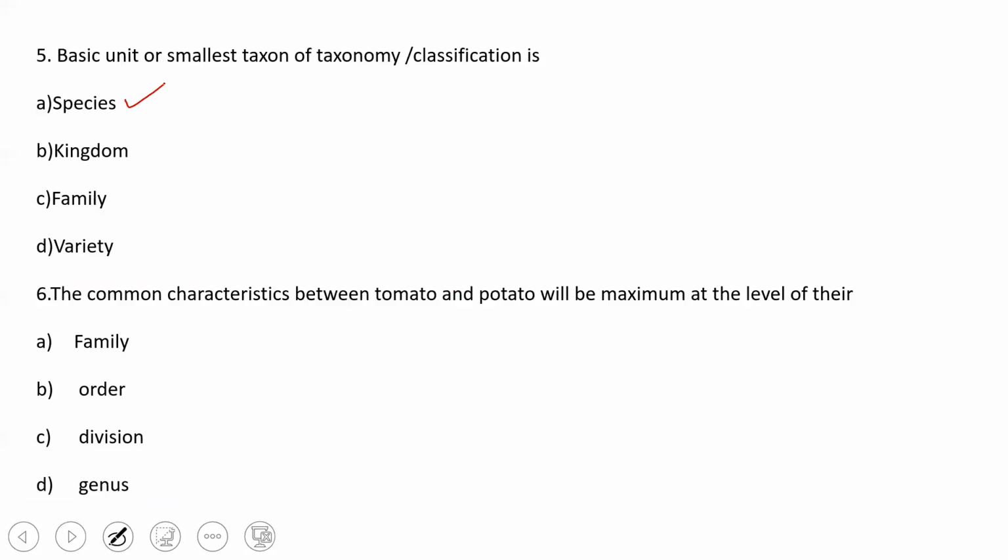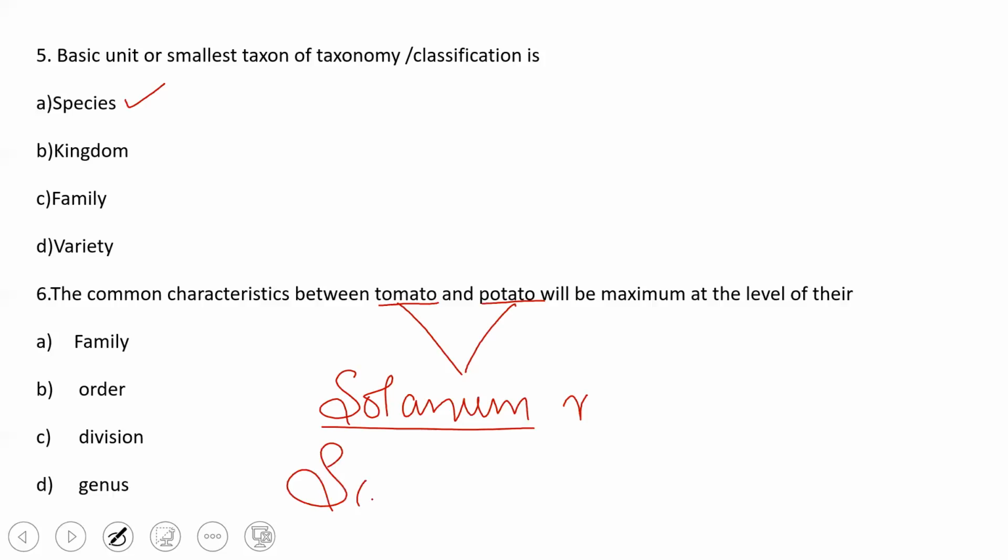The common characters between tomato and potato will be maximum at the level of their family, order, division, or genus. Now let us consider tomato and potato. They belong to the same genus, Solanum. Solanum is the genus name for tomato and Solanum is the genus name for potato.